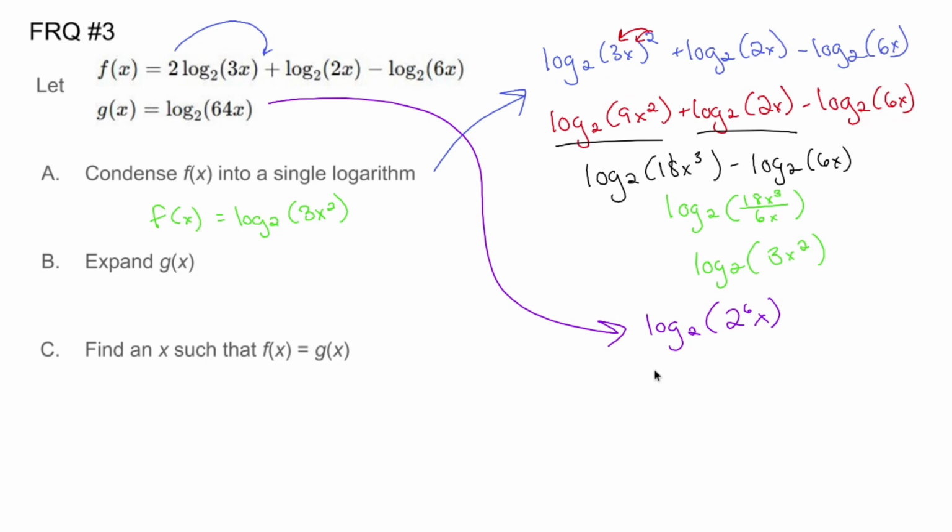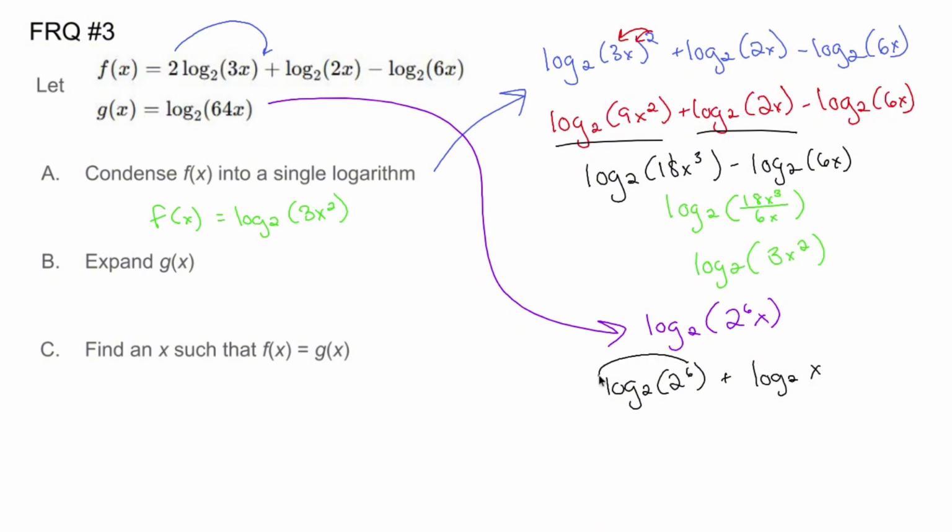So what I'm going to do first is separate these. If I'm multiplying 2 to the 6th and x, it's probably because I added previously. So you become log base 2 of 2 to the 6th plus log base 2 of x.